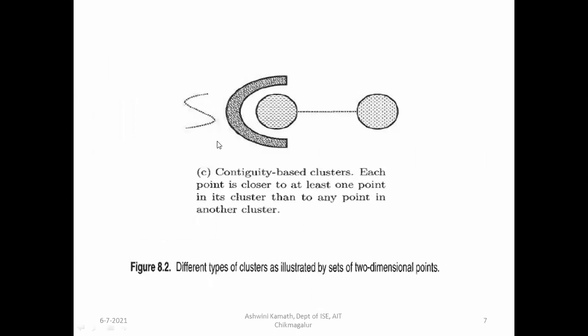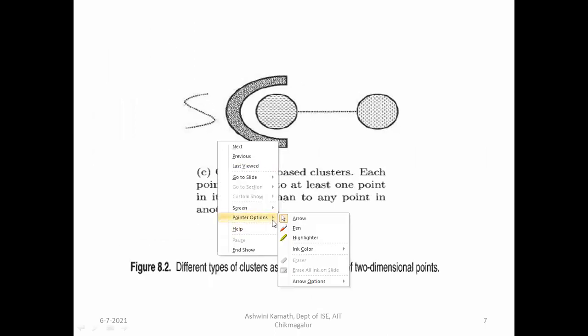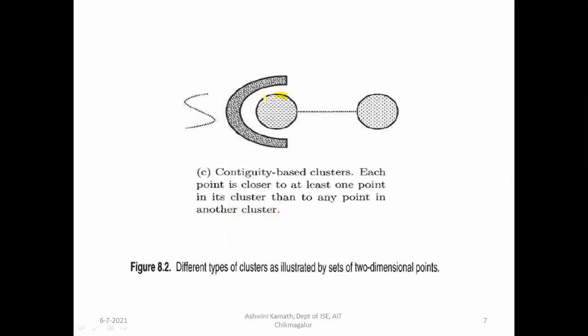So we have this as one cluster. Okay, this is another cluster, two, and this is one more cluster, three. But you can notice that because of the noise present, these two clusters with the globular shape are connected with each other.